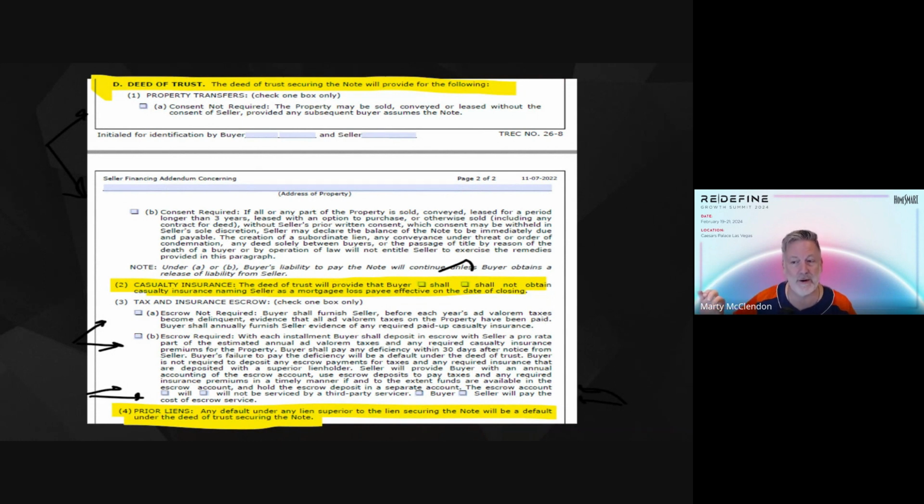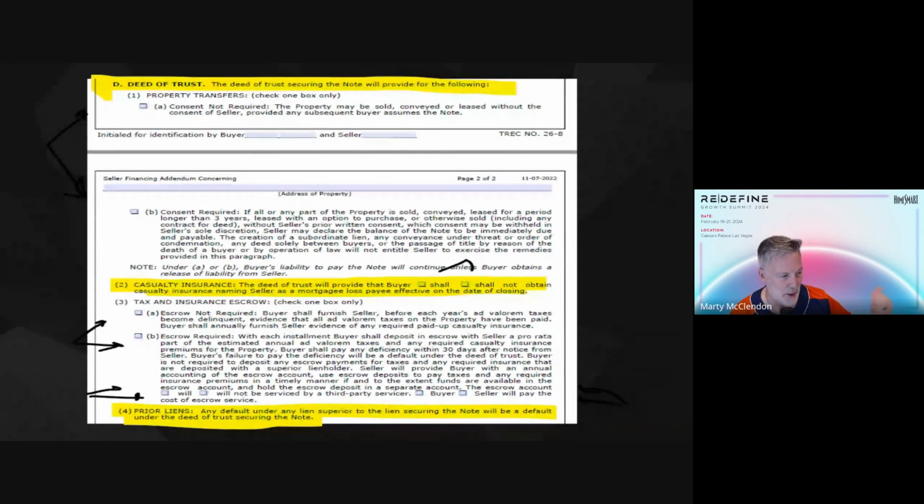But if you're a seller that's concerned about this buyer's ability to pay, you may want to check paragraph B to allow them to get consent from you before they enter in a deal. And I've seen this before where a property gets multiple liens on it and where there's not enough to pay the existing lien. That's a risk a seller may look at when they're choosing these two and negotiating.